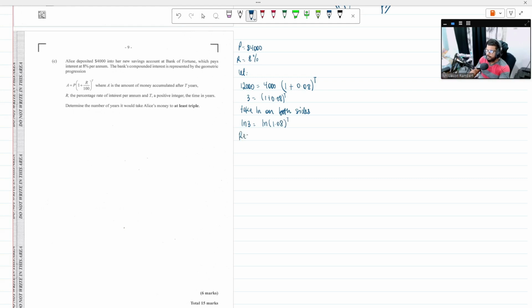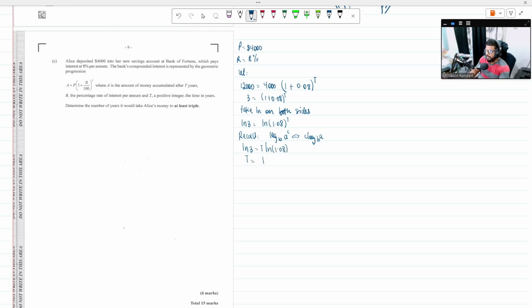I'll recall the log of a to the power c to base b works both ways. It's c log of a to base b. So ln 3 is t ln 1.08.